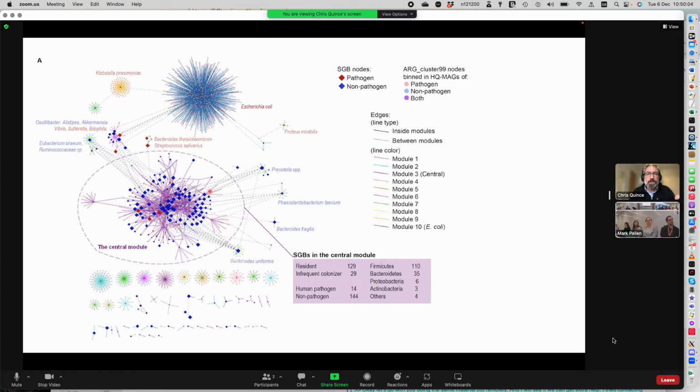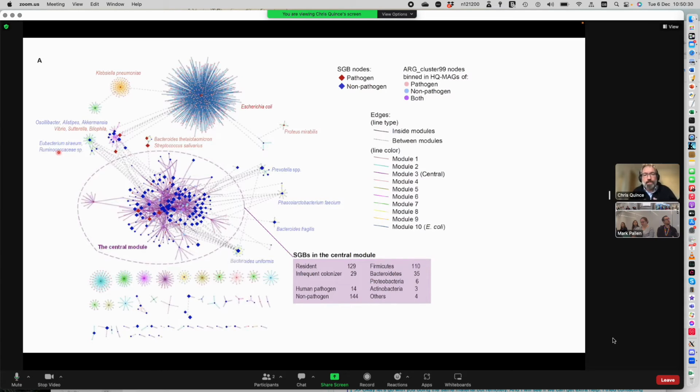And what's noticeable is we've got this large central module which contains most of the commensal organisms, and then around that a variety of mostly pathogenic organisms that are less closely connected in terms of ARG sharing to the rest of the community.